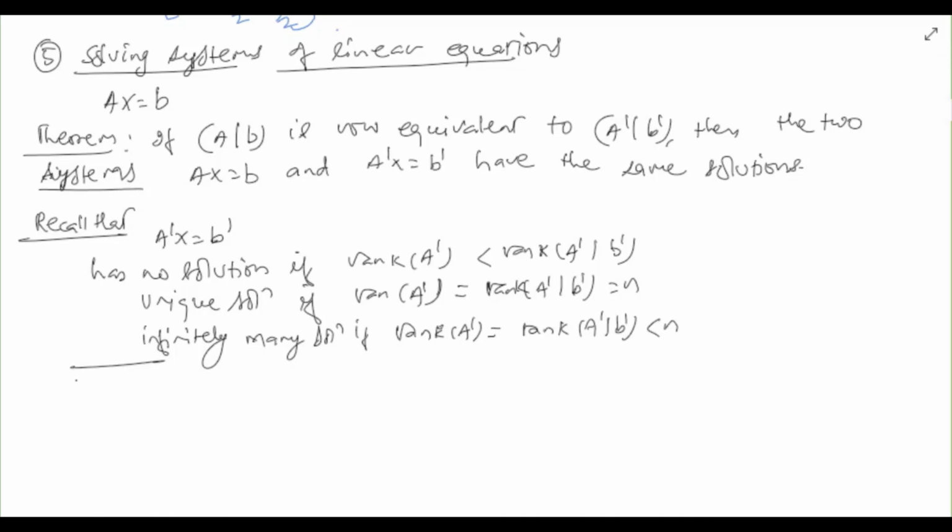Now suppose A prime B prime is in row reduced echelon form.